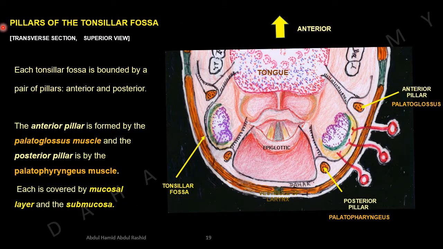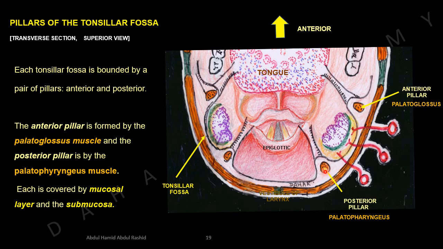Pillars of the tonsillar fossa. This is a transverse section of the oropharynx, looking from above. This is anterior. This is the tongue. This is the palatine tonsil. This is the tonsillar fossa. Each tonsillar fossa is bounded by a pair of pillars, anterior and posterior.